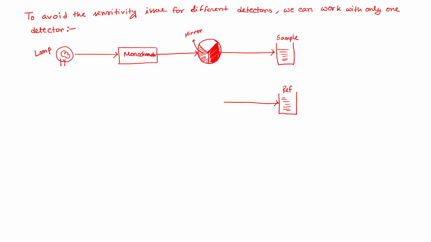Opaque means light won't pass through. This kind of wheel disc system will be used, and again the rest of the thing is similar.